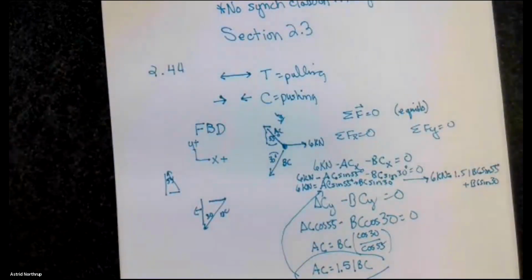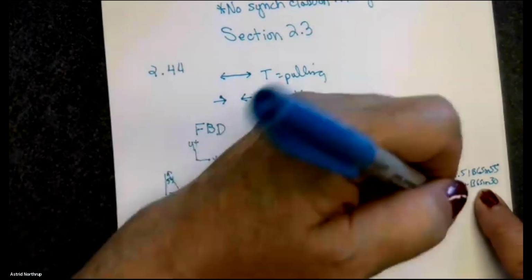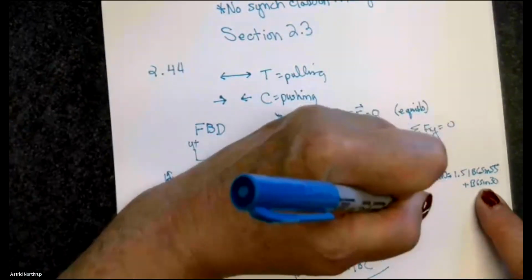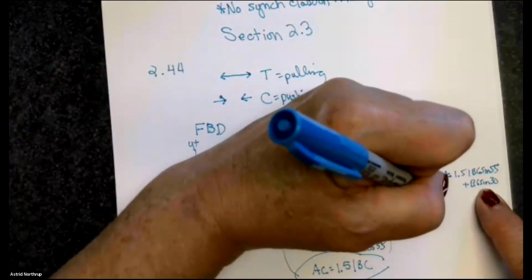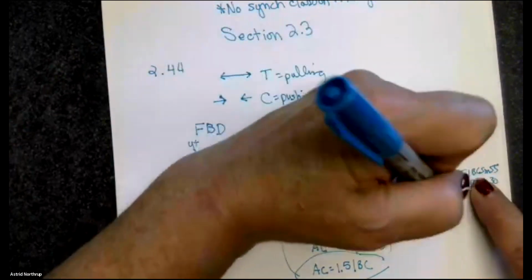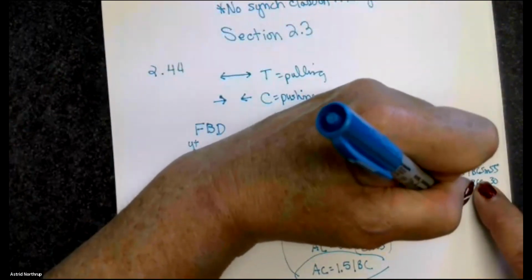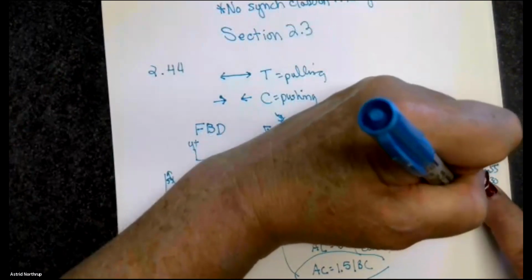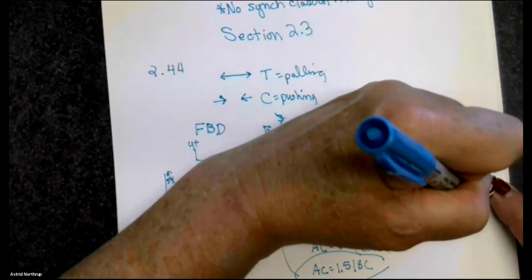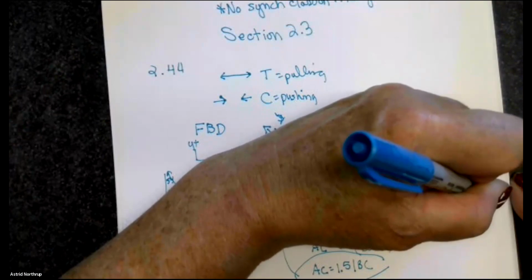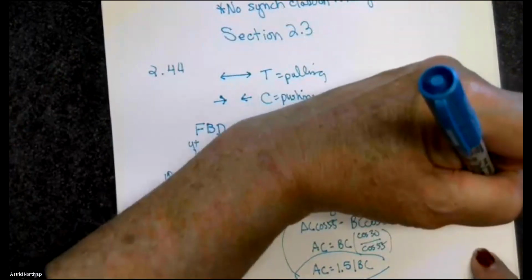And at that point, I have two terms, both with BC in them, so I can factor it out. I get 6 kilonewtons equals BC times the quantity 1.51 times the sine of 55 plus the sine of 30.